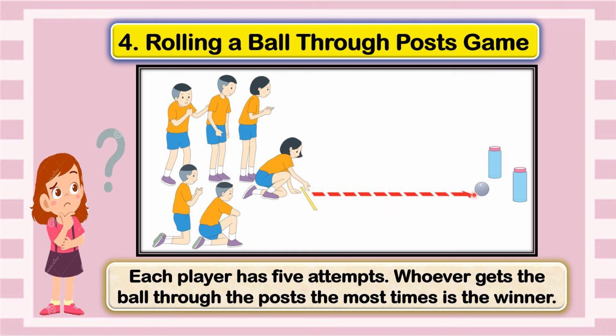If the first attempt did not get through the bottles, she will roll again for the second time, until the fifth time, number 5. And then whoever gets the ball through the posts the most times is the winner.